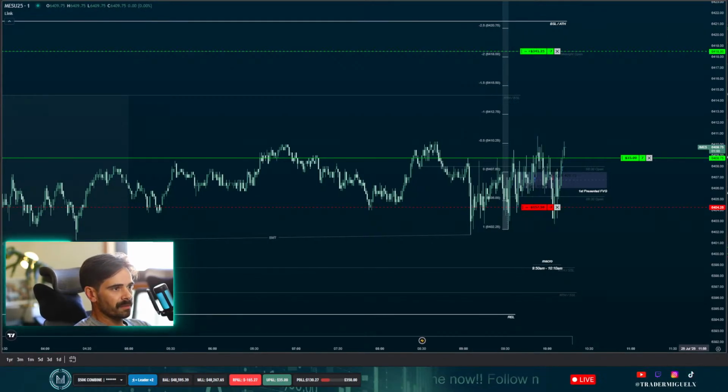Now we need to see some real follow through here, just to believe once again in this price action.